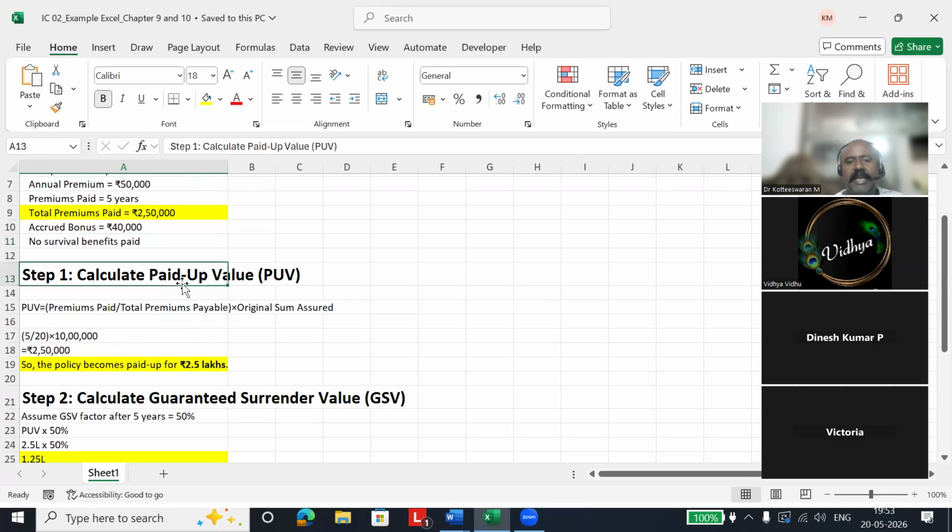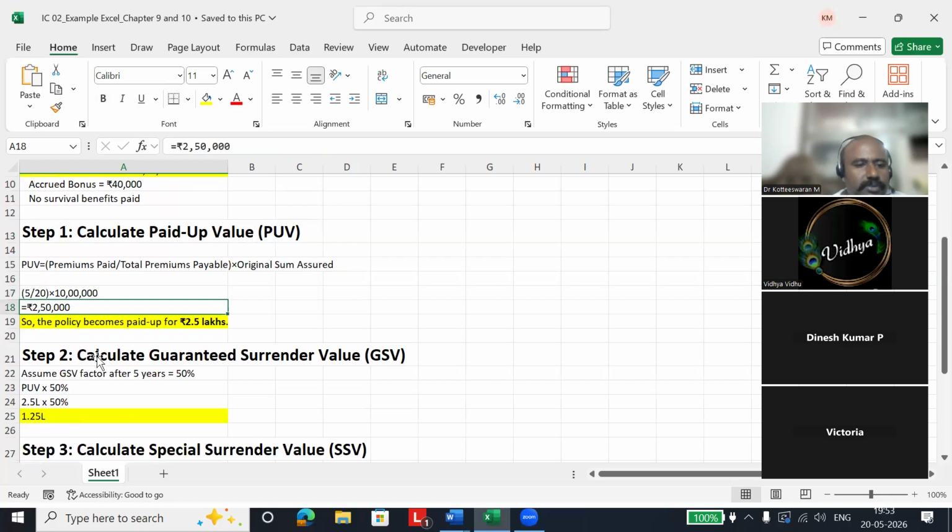First step, you need to calculate the PUV, paid up value. Paid up value is very simple: number of years you have paid, divided by the total number of terms, into face amount. So 5 years I have paid, out of 20 years total term, into 10 lakh.